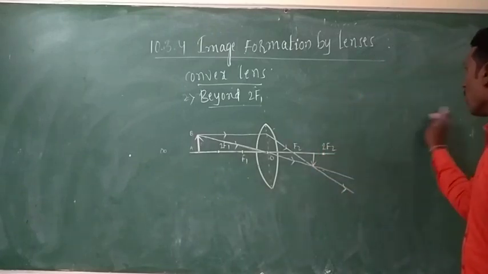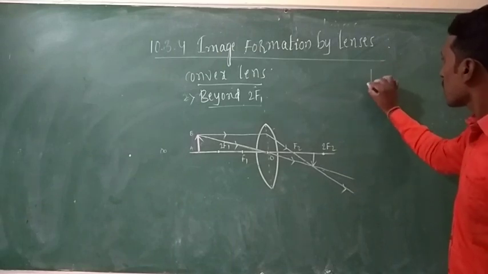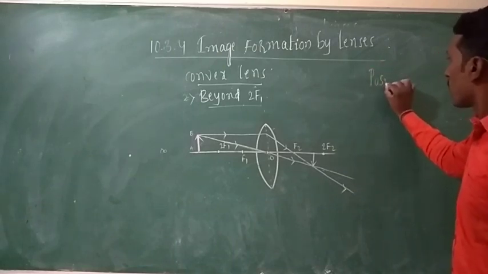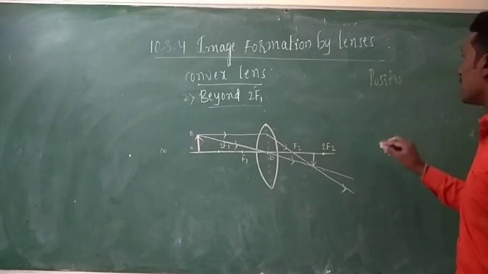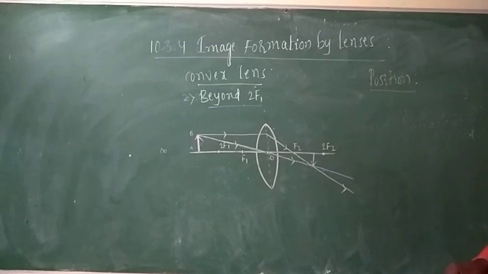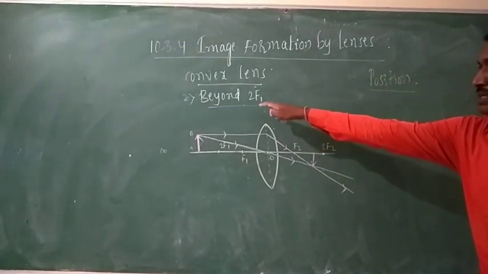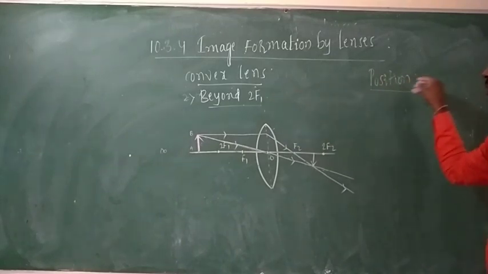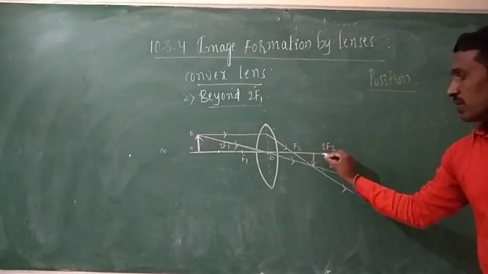Now we shall write position of object. Position of object is beyond 2f1. What is the position of image? Image is formed between these 2 points.